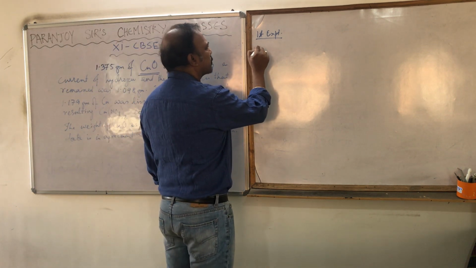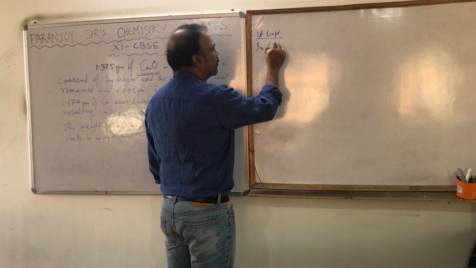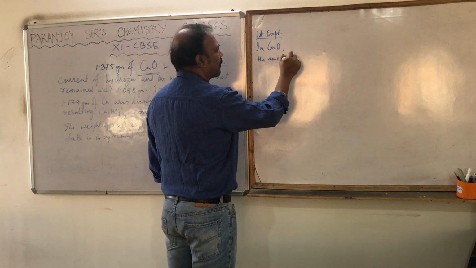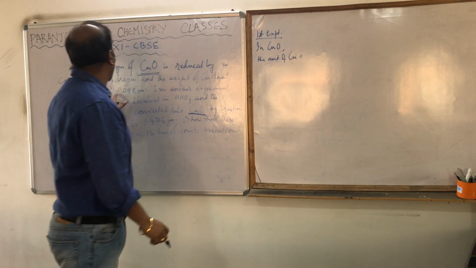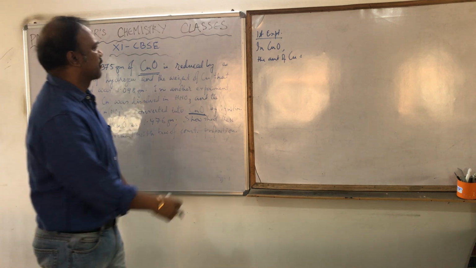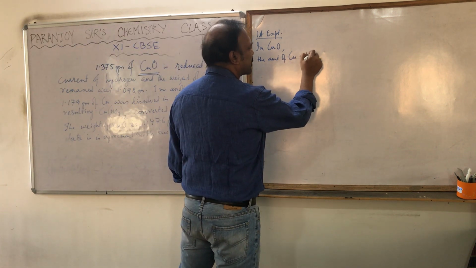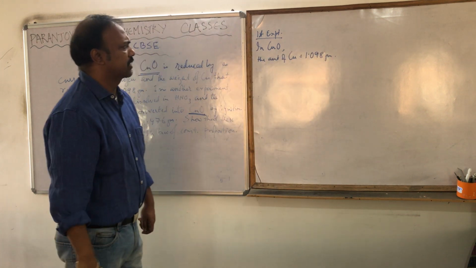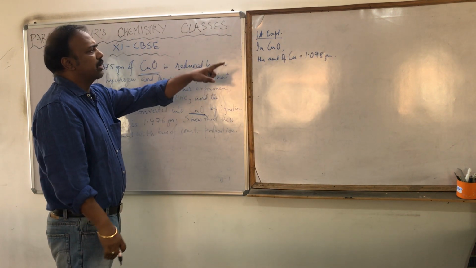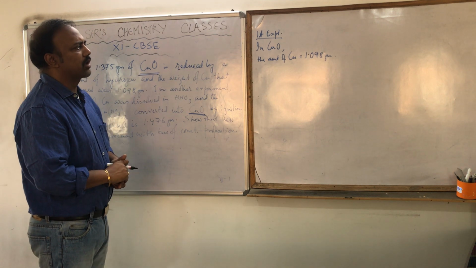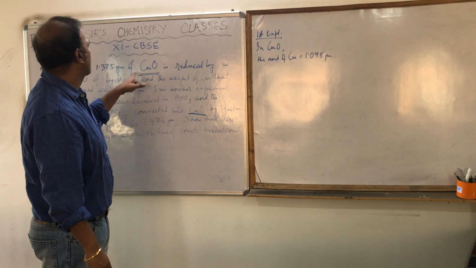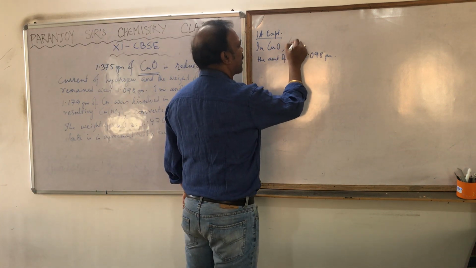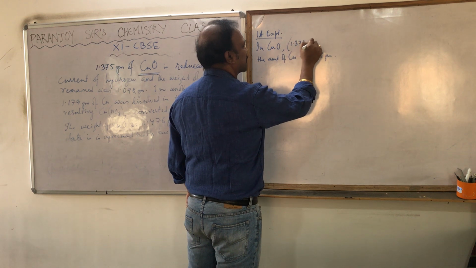So in CuO, the amount of copper is 1.098 gram. The question is very simple. And how much CuO did we take? 1.375 gram of CuO.